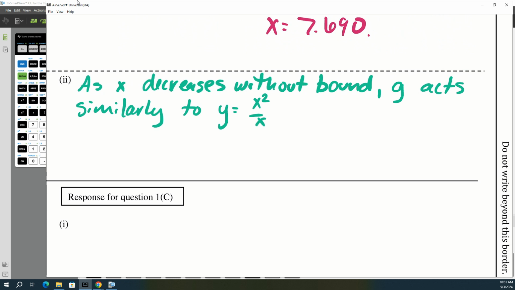So we just divide the terms with the largest degree by each other. And so x squared over x just reduces to x. So that's going to be a line with a slope of 1. So it's going to act similarly to this line. It's not so wobbly.